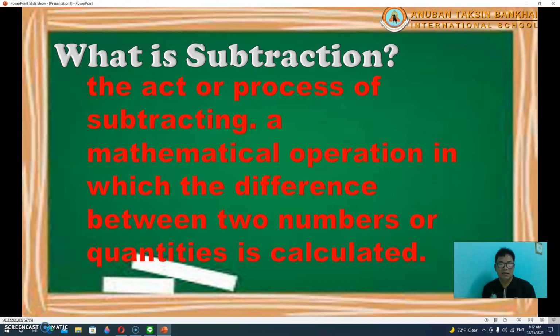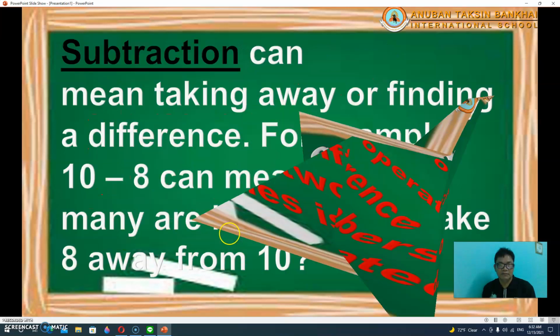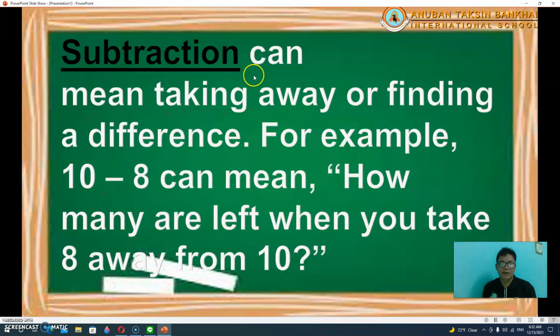Subtraction can mean taking away or finding a difference.